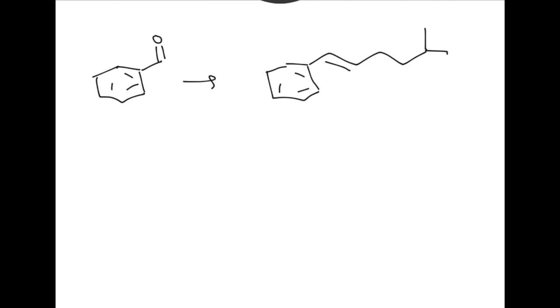How would you know how to do that? So no carbonyl this time. So Horner-Wadsworth-Emmons and stabilized Wittig reagents are out. But how could you make a trans double bond out of this?